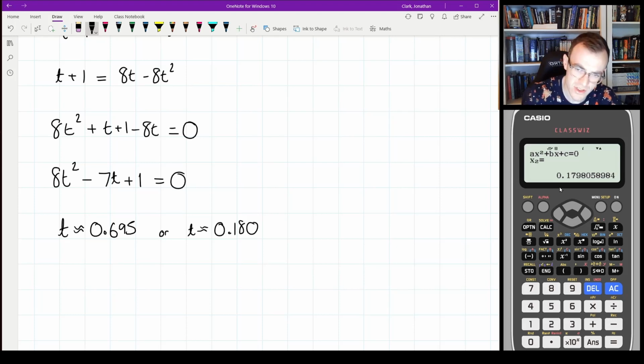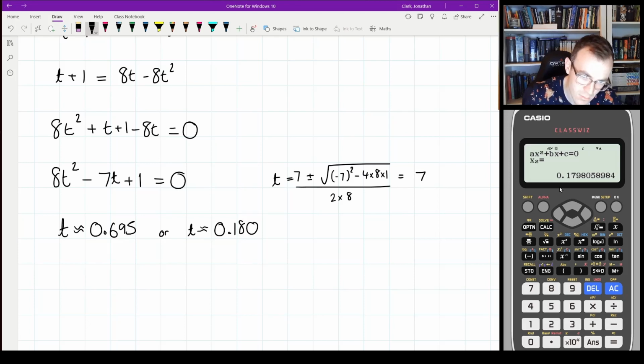And we'll just include our workings here just to get in the habit. There's 49 take away 32, which is 17.